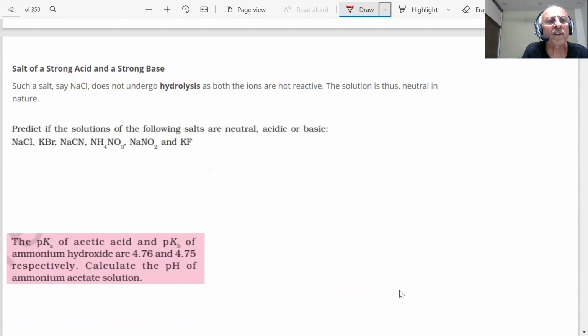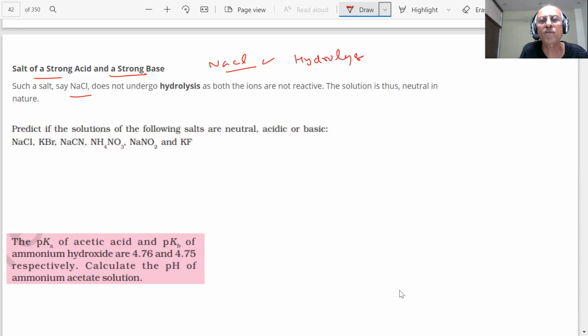If you have a salt of a strong acid and a strong base, such as NaCl, we already told you, will NaCl get hydrolyzed, students? It is coming from what?